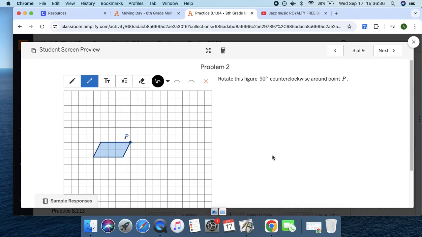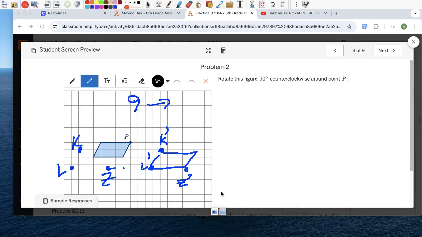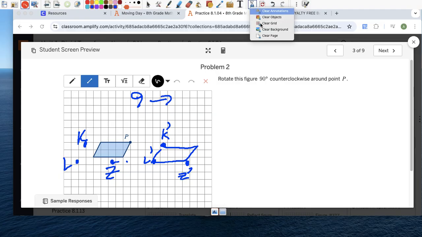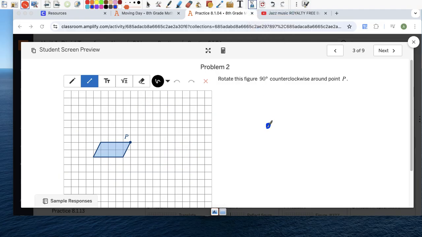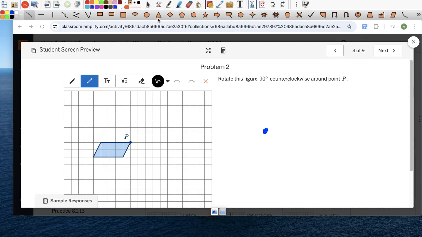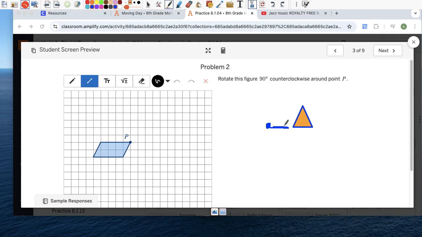Number 3, rotate around the point P. So again, remember for a second what rotation is. I want you to think of rotation. Let me draw a triangle, and pretend the triangle is attached right here.